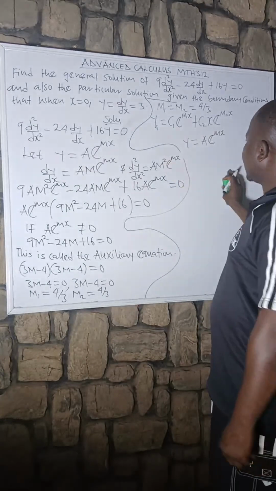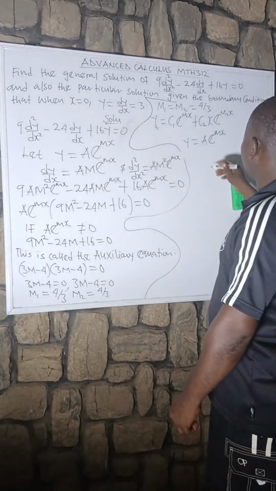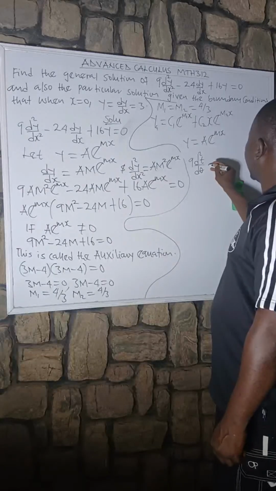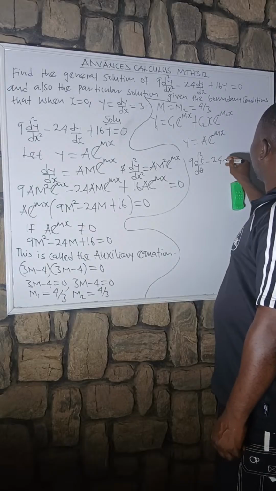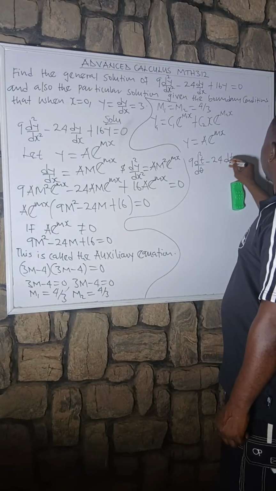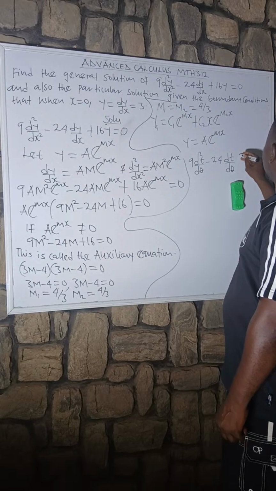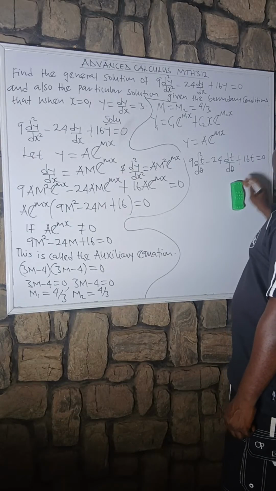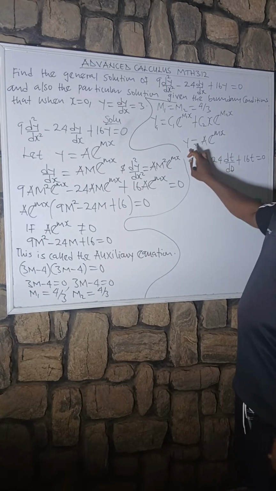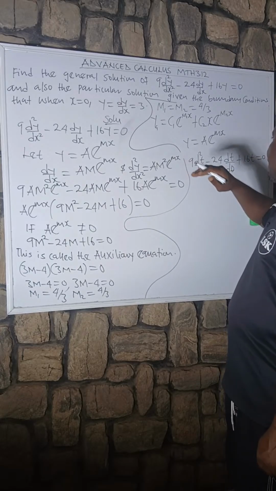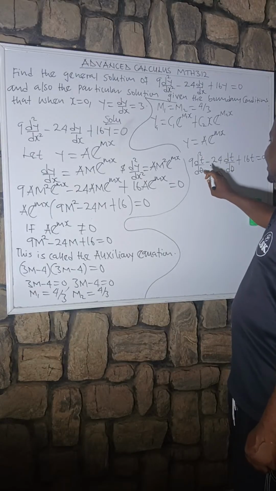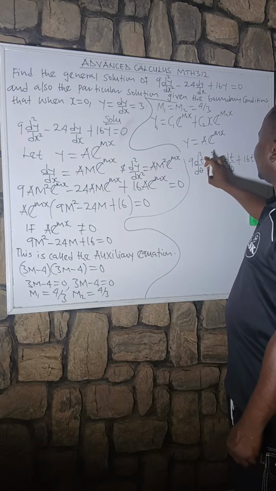But supposing the differential equation is of this form, 9 d squared t over d theta squared, then minus 24 dt over d theta, then plus 16t equals 0. It means we are not going to say let y. The independent variable here is theta, and the dependent variable here is t.